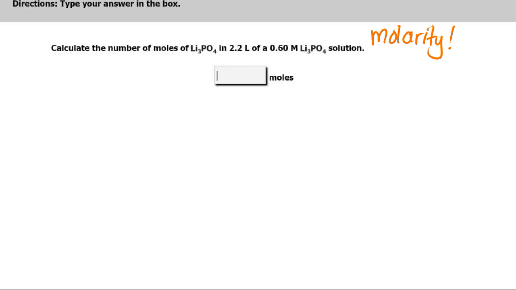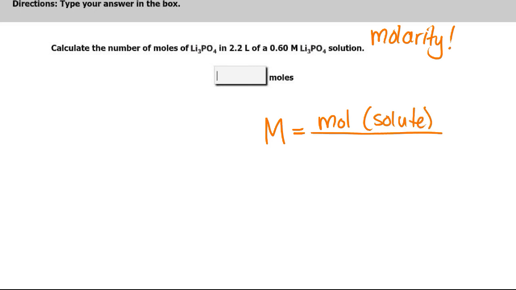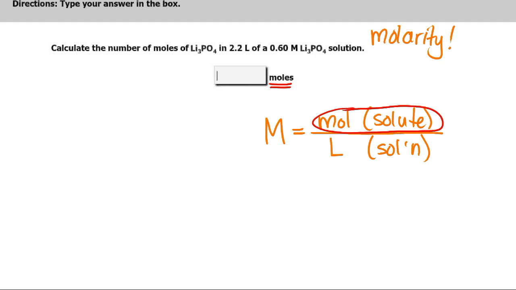Remember that molarity equals the moles of solute, which is what you're dissolving, divided by the liters of solution, which is most of the time going to be water. Let's find what we can find in the problem. We're solving for number of moles. We do not know the number of moles of the solute, which is lithium phosphate. We do know the molarity.